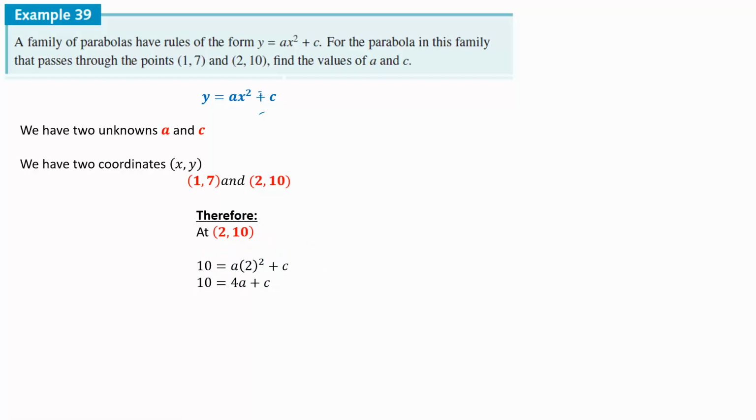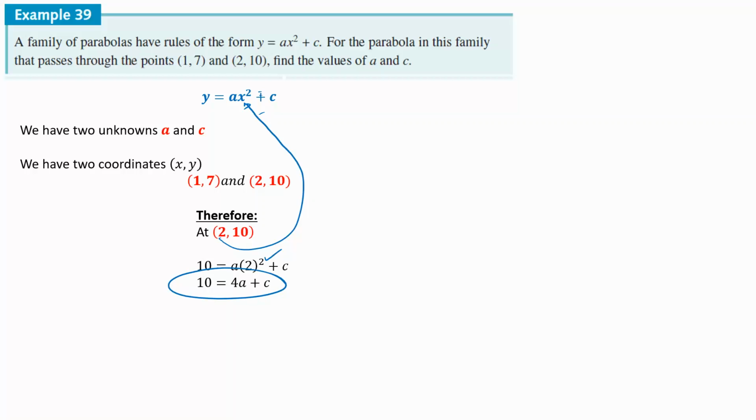See what I'm doing? I'm just replacing x with 2, so it becomes 2 squared, and then 10 is my y coordinate. So when you do 2 squared, that gives you 4 times a plus c, and this is your first equation. 2 unknowns, you don't know what a and c is, but you've got the first equation.